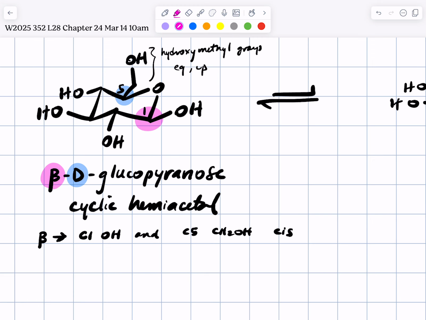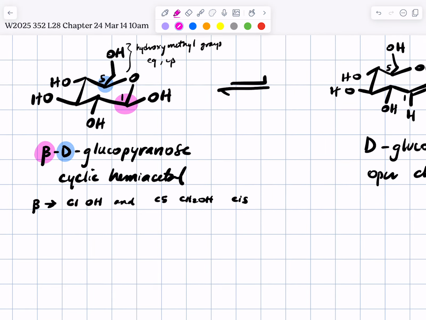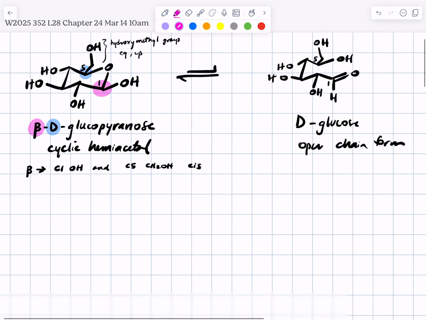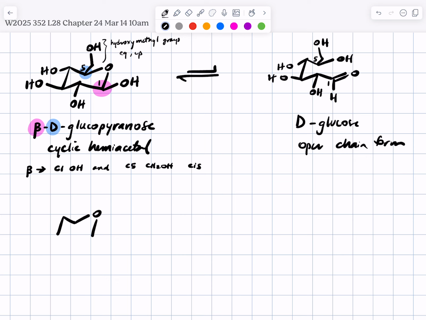If they were trans, if C5 is up and C1 is down, that would be the alpha configuration. So let me draw real quickly the alpha version of glucopyranose, alpha-D-glucopyranose.